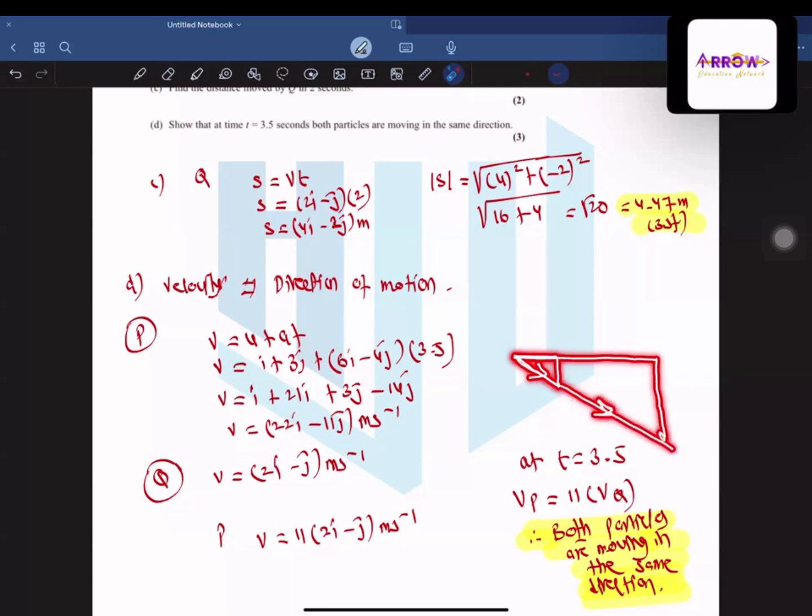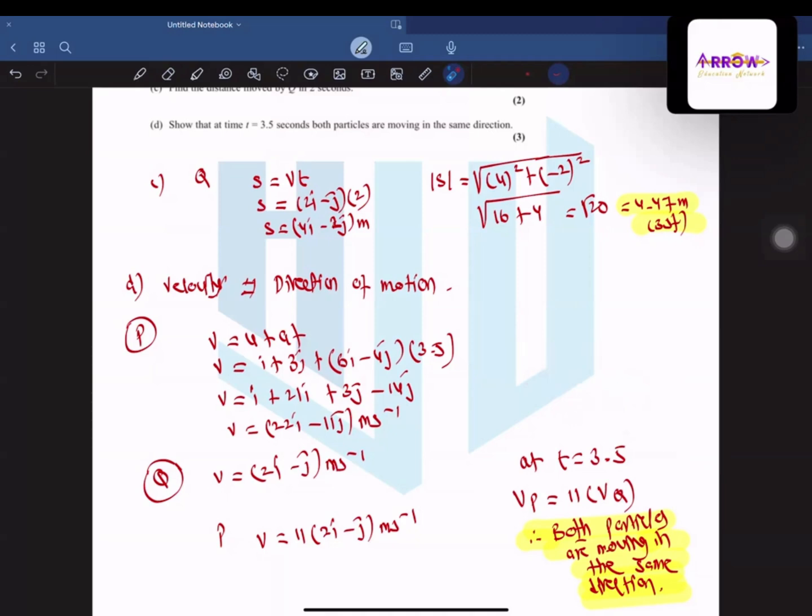So both particles are moving in the same direction at t equals 3.5. Particle Q is throughout moving with constant velocity 2i minus j, and particle P is a scalar multiple of this 2i minus j vector only at t equals 3.5.